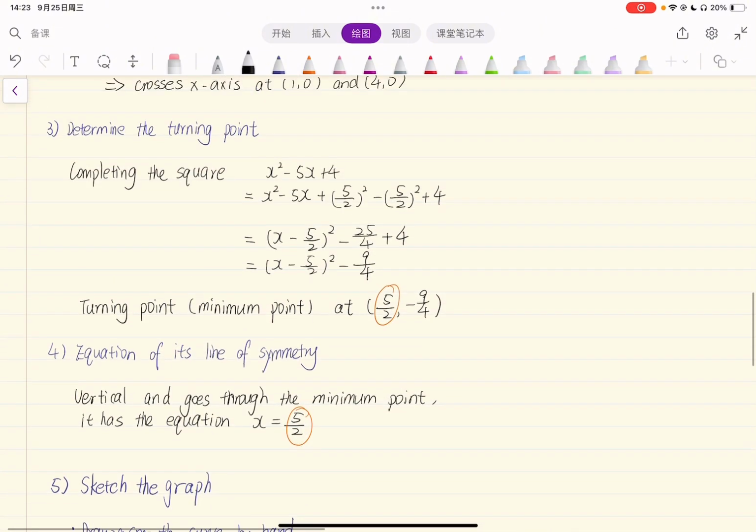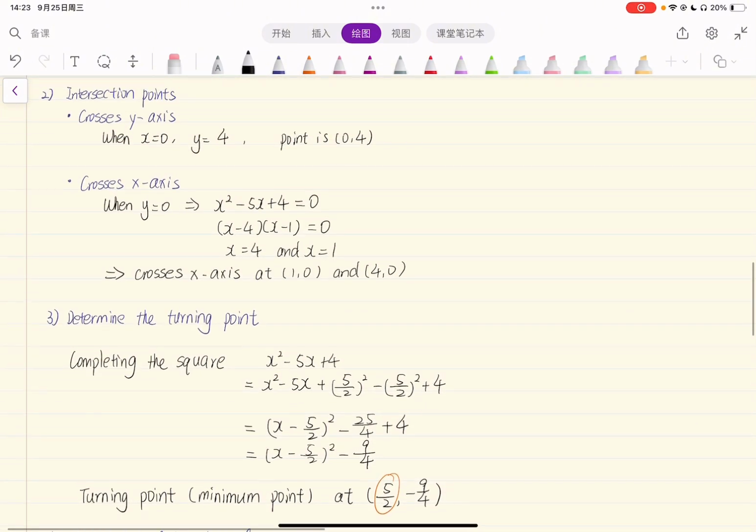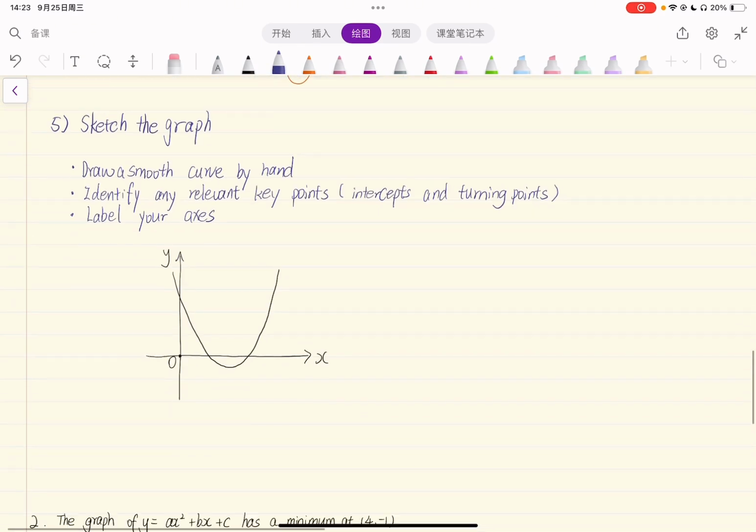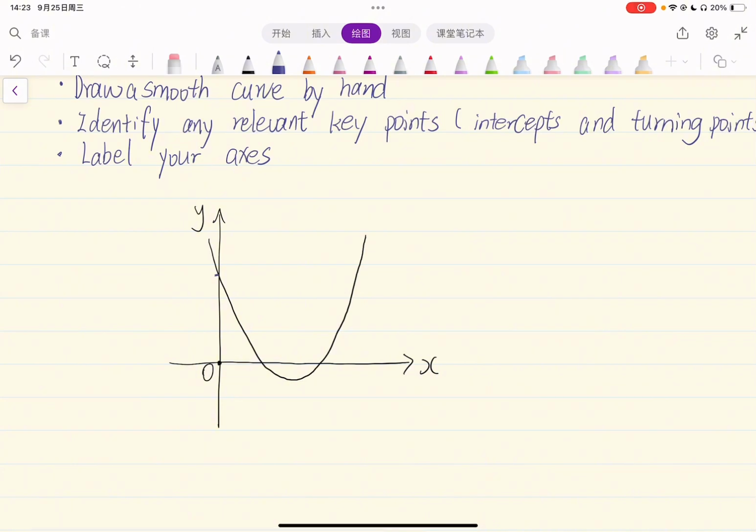The point where it crosses the y-axis is 0, 4. So here we write 0, 4.